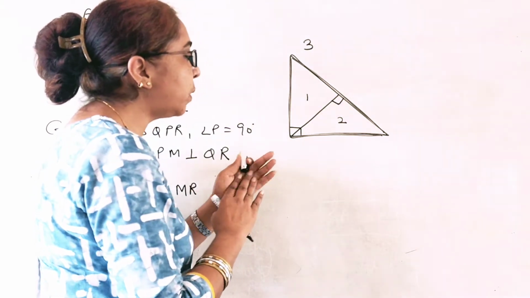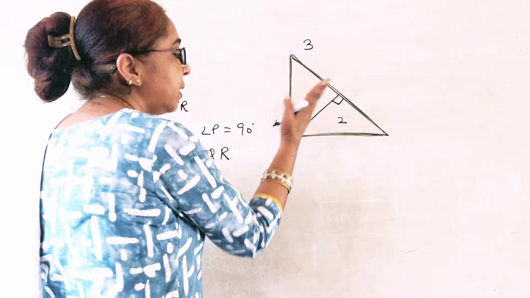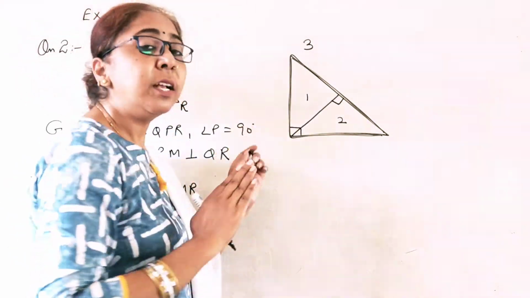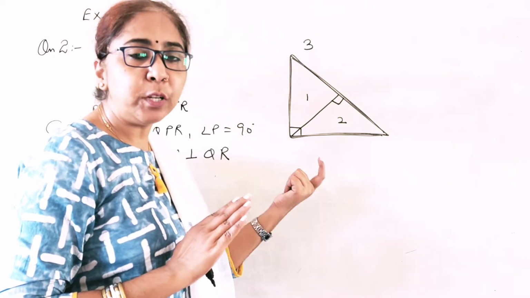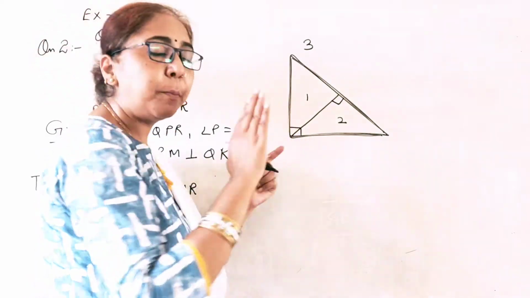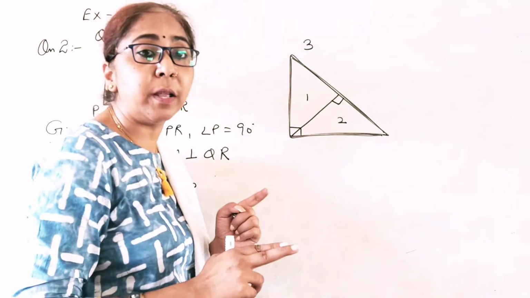Now the problem is when students do these kinds of questions, when they have this angle 90 and this perpendicular, they don't know how to write the name of the triangle. So I will tell you how the problem arises when you make these two triangles 1 and 2 similar.